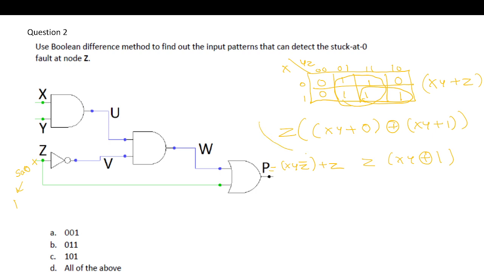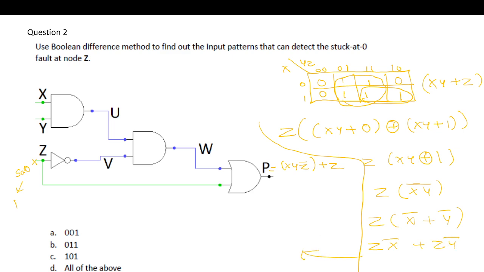So this gives Z times XY XORed with 1. The XOR gate output will be inverted when one of the inputs is 1. So we will get X bar Y bar, XY the whole complement. Now we apply De Morgan's theorem: X bar plus Y bar. So the pattern will be X complement Z plus Z Y complement.